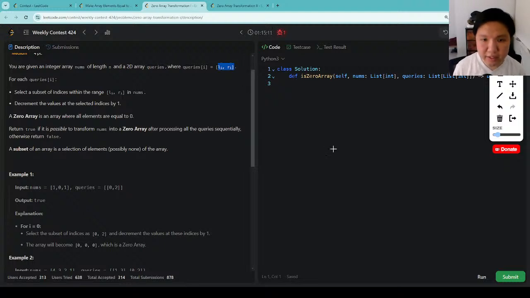So basically what this question is asking for is these queries, they sort of form blocks. So for instance, 4, 3, 2, 1. I have one block that is 1 to 3. And then I have another block that is 0 to 2.